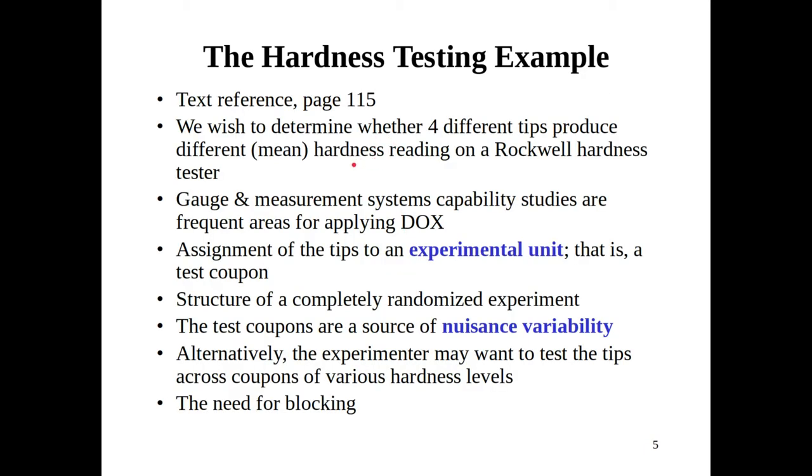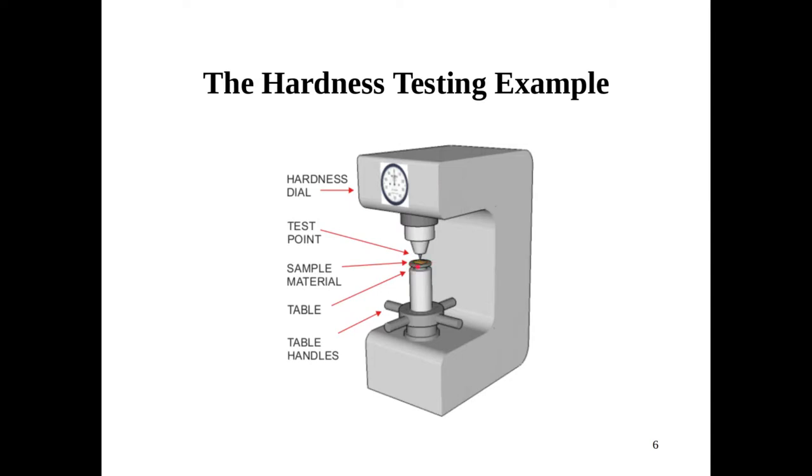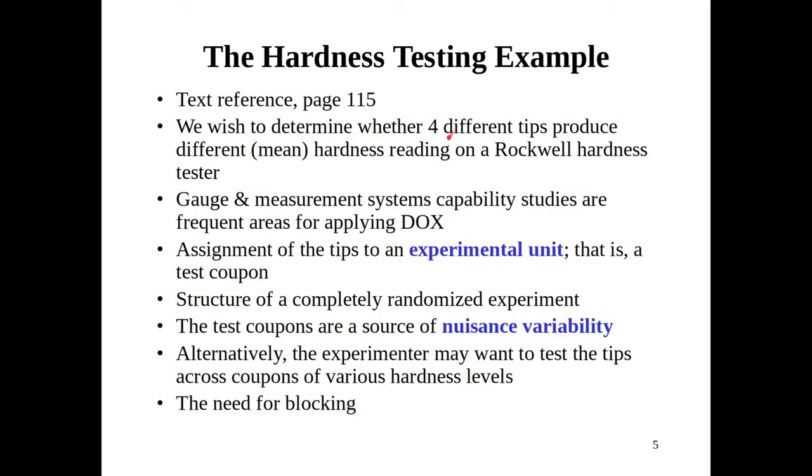We need to have the same mean hardness reading for our tester, because the material hardness is not going to change. It's the same material. Ideally they should produce the same result, but we want to check that. We wish to determine whether four different tips produce different results or the same result.